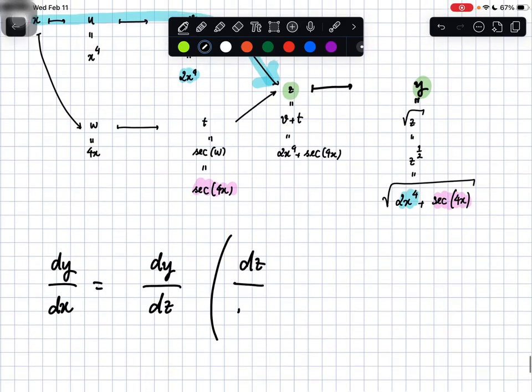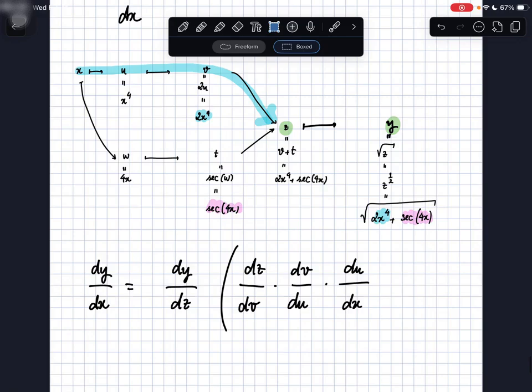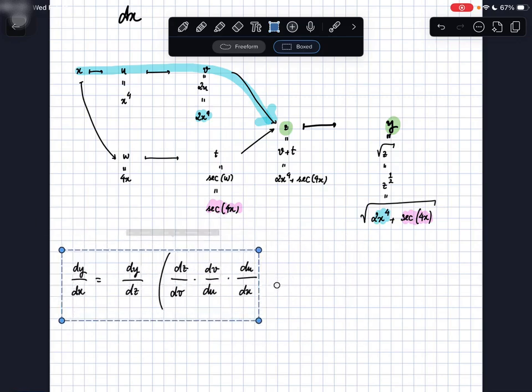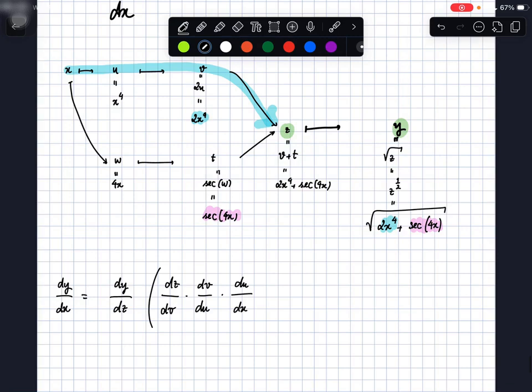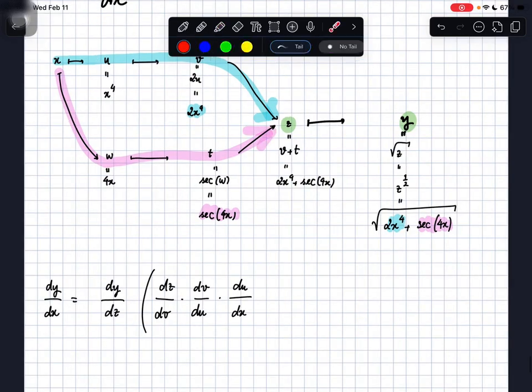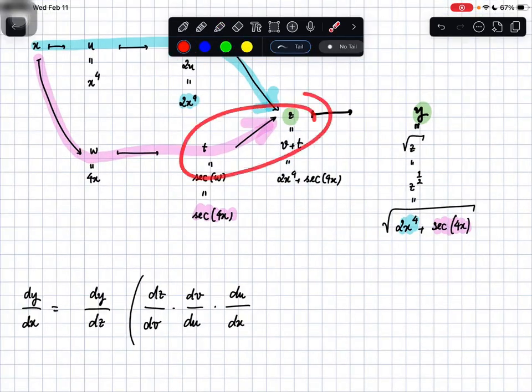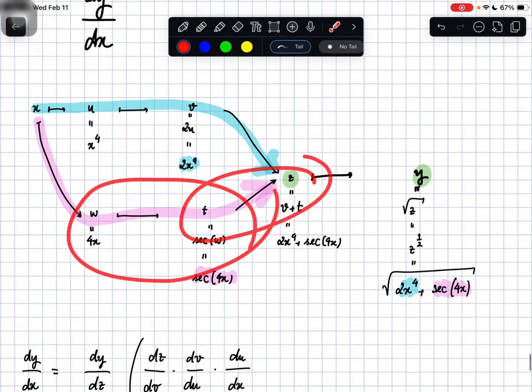So that is the first branch. For the other branch, you go from here to z. So what we do is dz over dt times dt over d omega times d omega over dx.